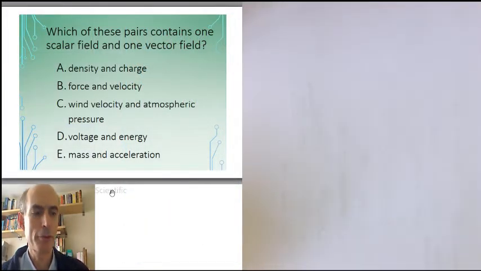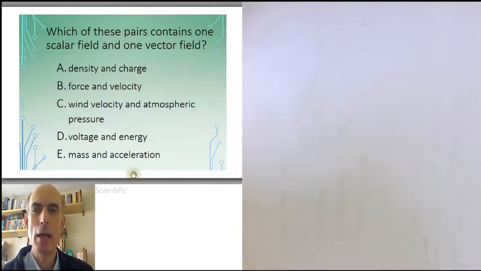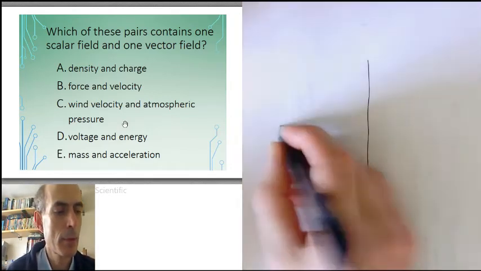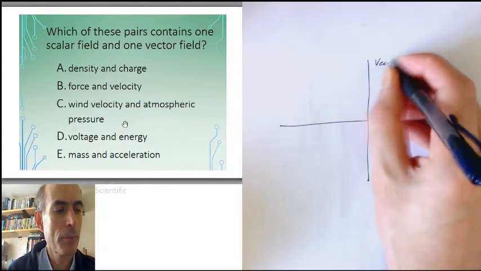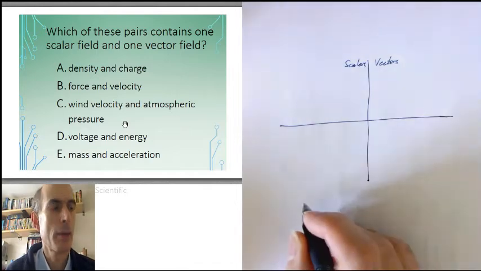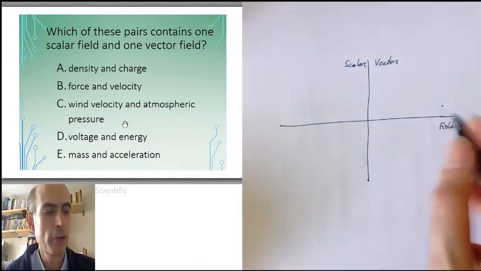It might be instructive if I go through them and divide up all of these 10 quantities into the 4 possible categories. They can either be vectors or scalars, and they can either be fields or just have constant values.